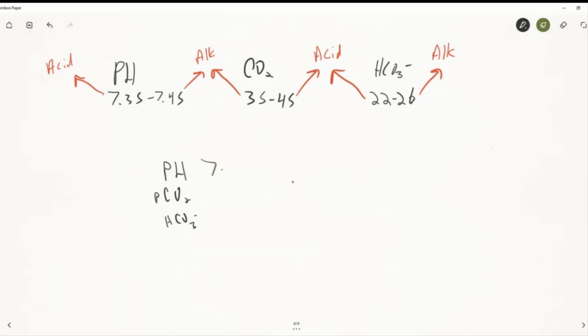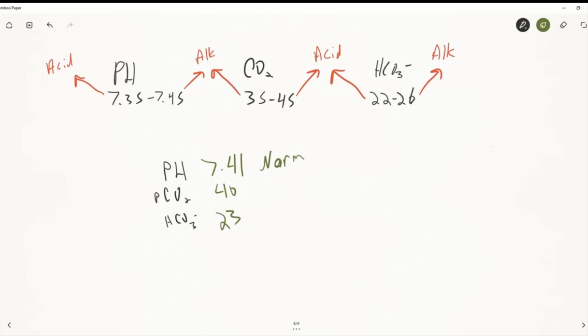pH 7.41, CO2 40, bicarb 23. Go ahead and try this one on your own, and let's see what we get. pH 7.41. Well, that's normal. That's actually right within the range.